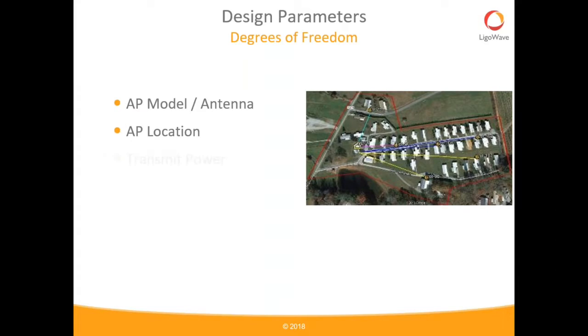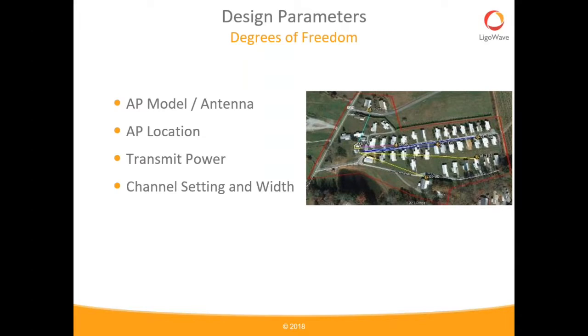I can pick the location. Where is it going? Subject, obviously, to the constraints of what my mounting options are. I can pick the transmit power, which is how loudly that radio is transmitting. And I can also pick the channel, on which that radio is going to be broadcasting.